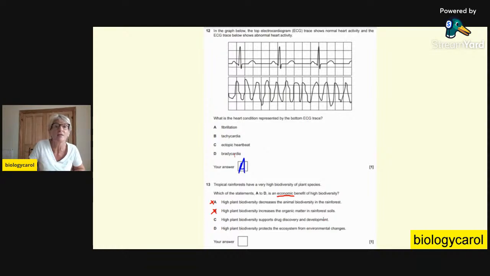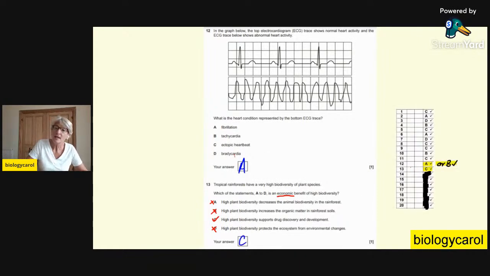Oh my goodness, there is a whole industry built on this, the pharmaceutical industry. Absolutely an economic benefit. And D, high plant biodiversity protects the ecosystem from environmental changes. True, but not an economic benefit. So the answer is C. Now, here is the mark scheme.